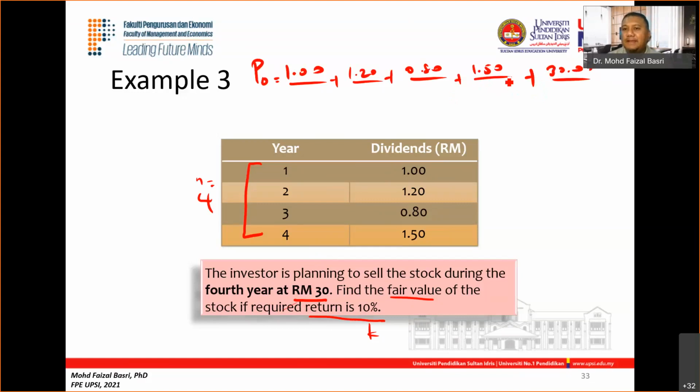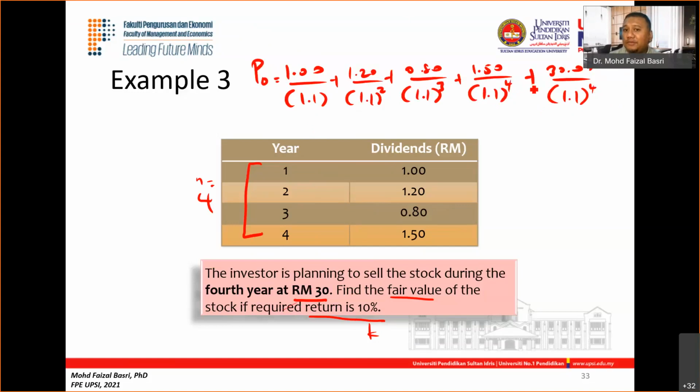Okay, and remember the N. Since we have N until year number 4, our final price would be to the power of 4 as well. So meaning the K is 10%, so it's 1.1, 1.1 to the power of 2, 1.1 to the power of 3, 1.1 to the power of 4. Final one will be to the power of 4 as well.